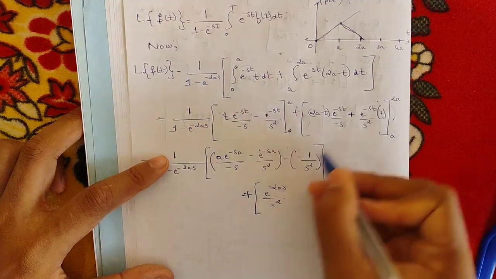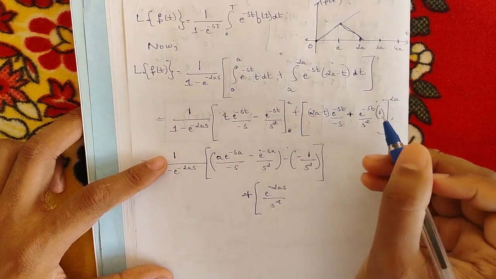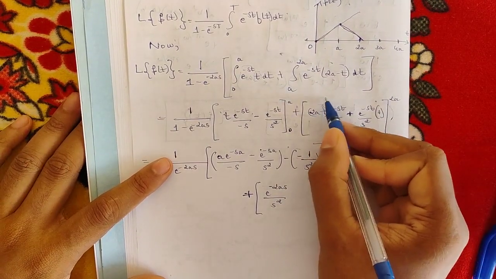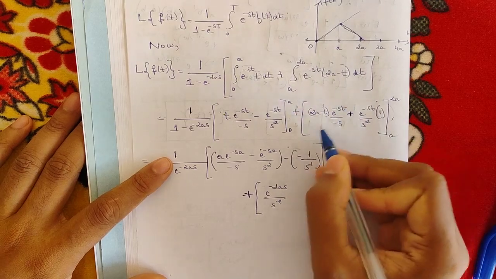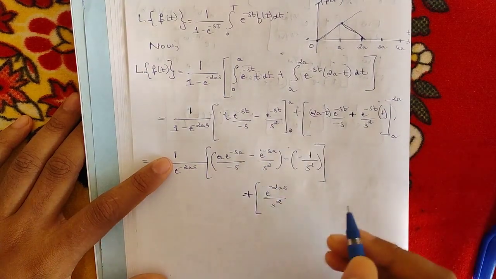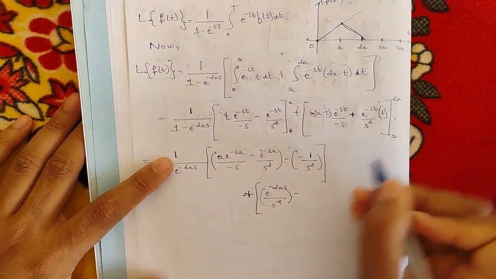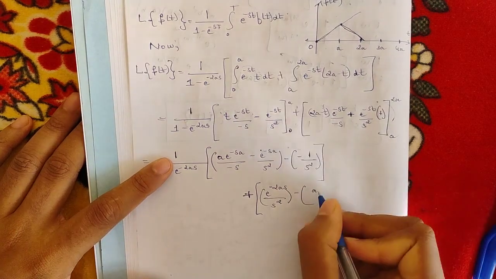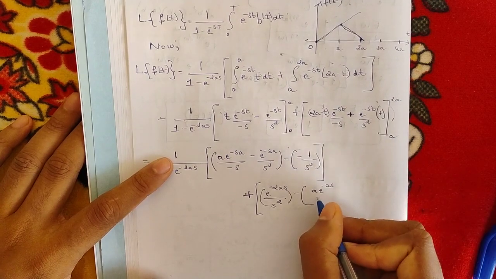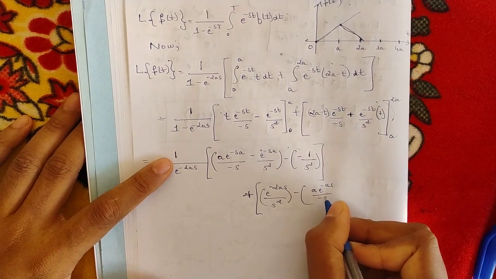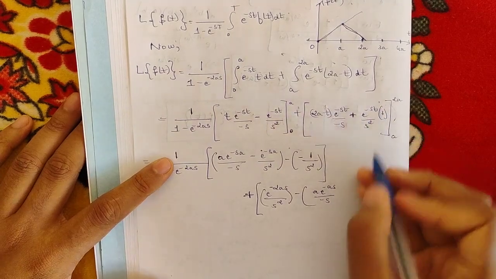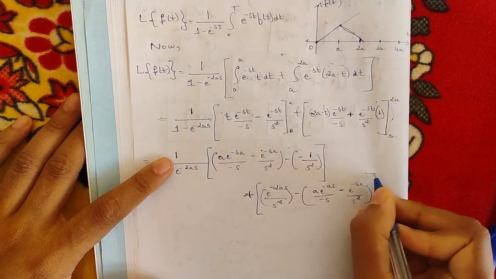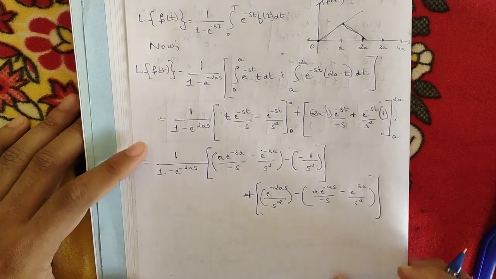Here if you observe carefully, why I haven't written the first term: because if you apply the limits here, you would be getting 2a minus 2a, which is equal to 0. 0 multiplied by anything is 0. So the first term cannot be written, and that's why I have written directly the second term. Minus the lower limit, that is a. 2a minus a is a, e to the power minus as divided by minus s. Then what we are having is e to the power minus sa divided by s square. Understood, right, how I have written?